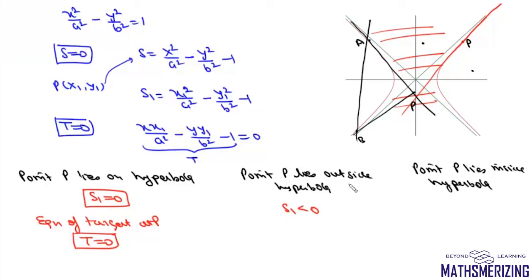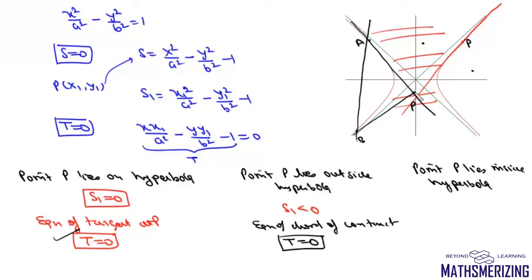So if the point lies outside the hyperbola, in that case, equation of chord of contact is given by T equals 0. So T equals 0 is tangent when the point lies on hyperbola. But if the point lies outside, then T equals 0 is not the equation of tangent, but in this case, it is equation of chord of contact.